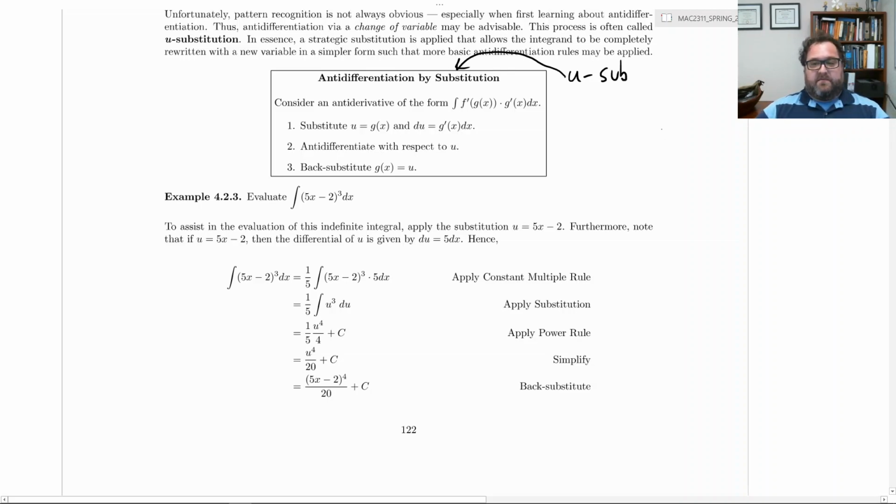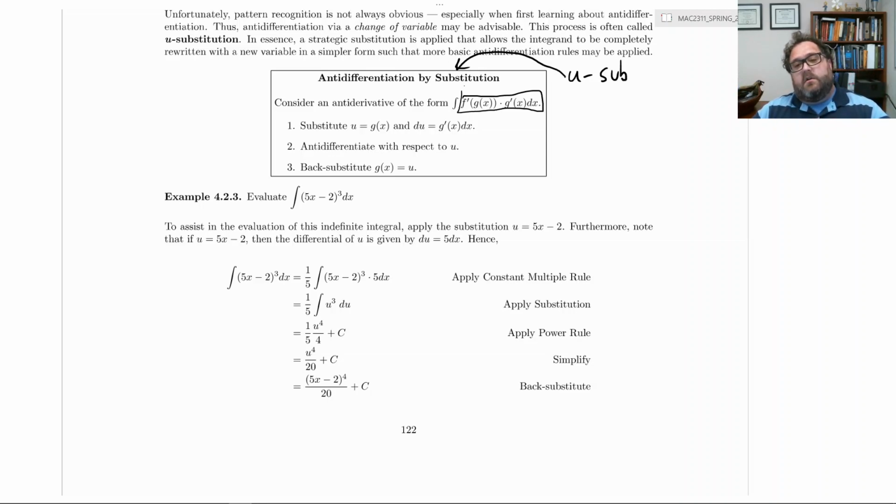If you have some function and the integrand is composite, and you have some derivative function evaluated at some inside function times the differential of that inside function, then you can let the inside function be u and let the differential of the inside function be du, anti-differentiate with respect to u, get the answer, and usually that substitution allows us to make the integrand simpler.